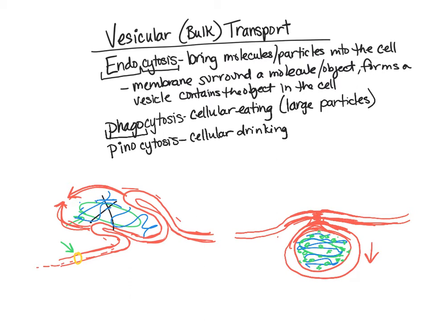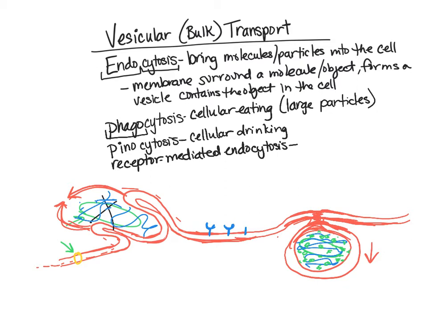Now the third type of endocytosis that we're going to talk about is receptor-mediated endocytosis. It is, as its name implies, mediated by receptors. Let's say we have little tiny receptors on the plasma membrane.